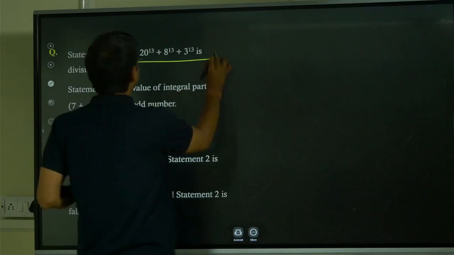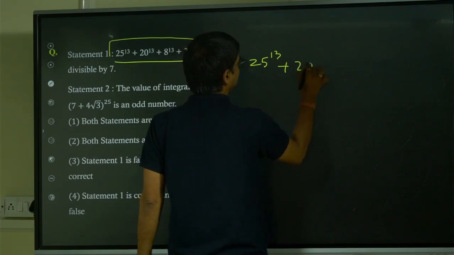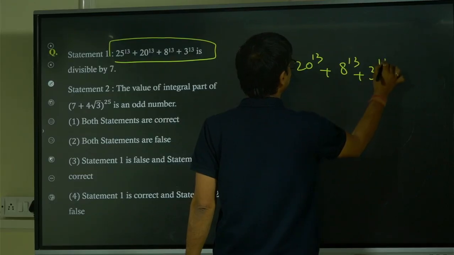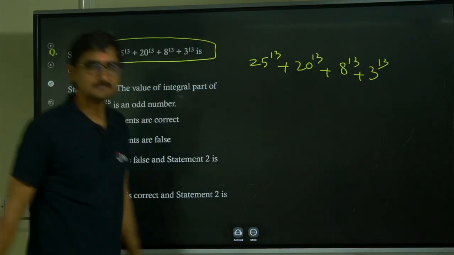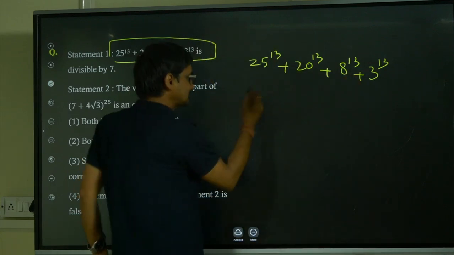Now statement 1 is that the expression 25 raised to the power 13 plus 20 raised to the power 13, minus 8 raised to power 13, minus 3 raised to power 13 is divisible by 7. See, observe that all the powers are odd. How can it help?